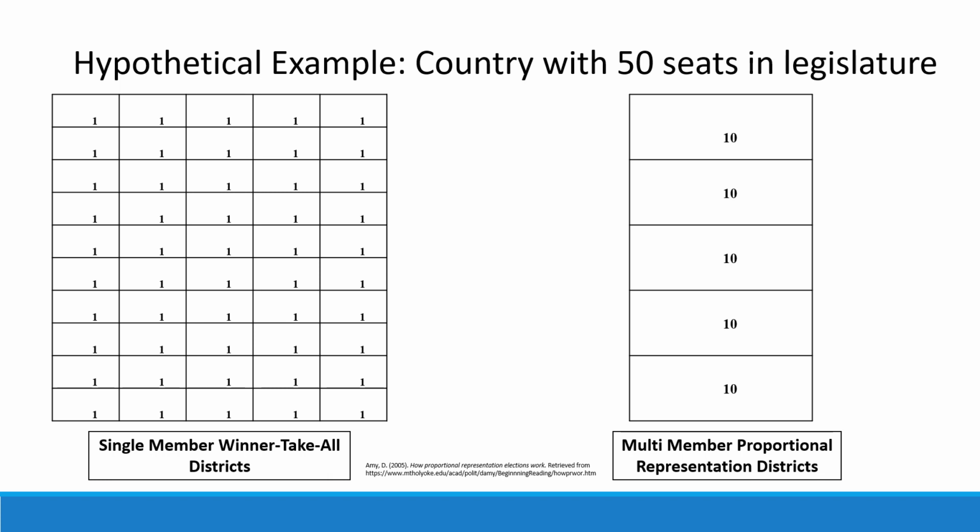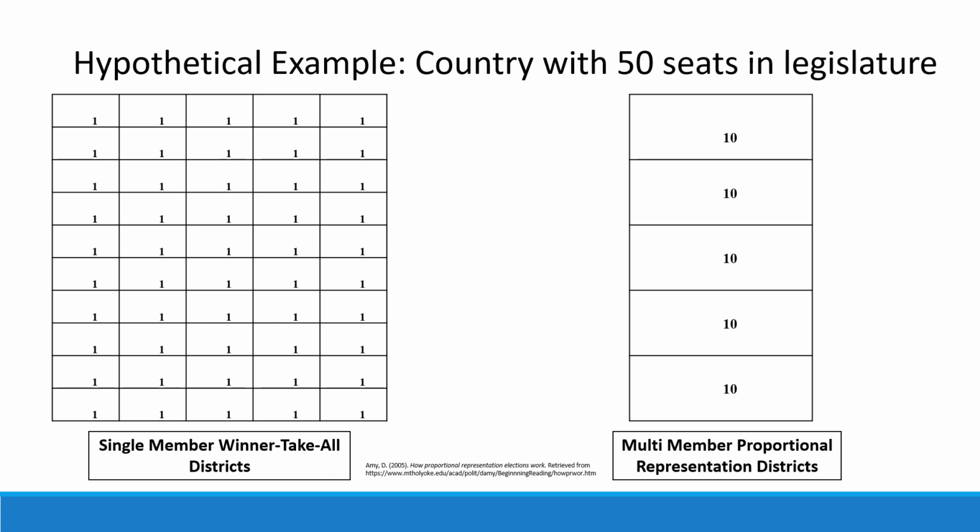I know this is a little bit confusing, so let's break it down with this oversimplified example. I want to give a shout out to Professor Douglas Amy at Mount Holyoke College, who came up with the math of this example. Imagine a country that has 50 seats in its legislature.